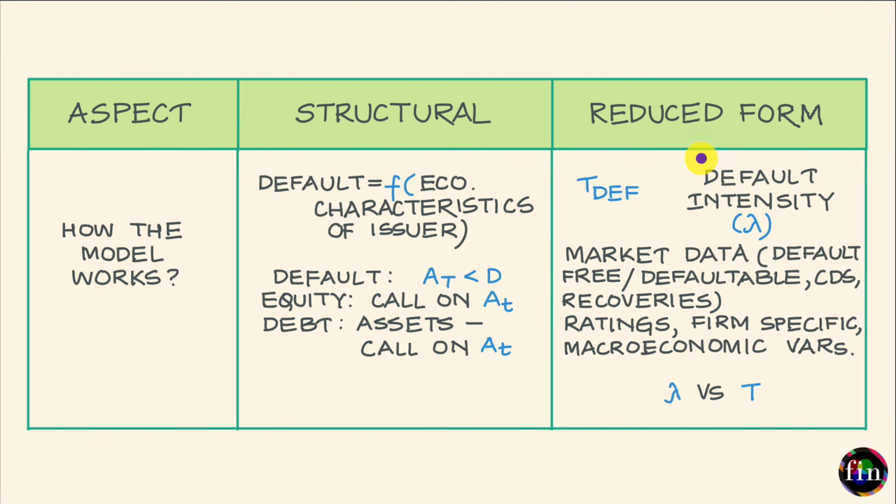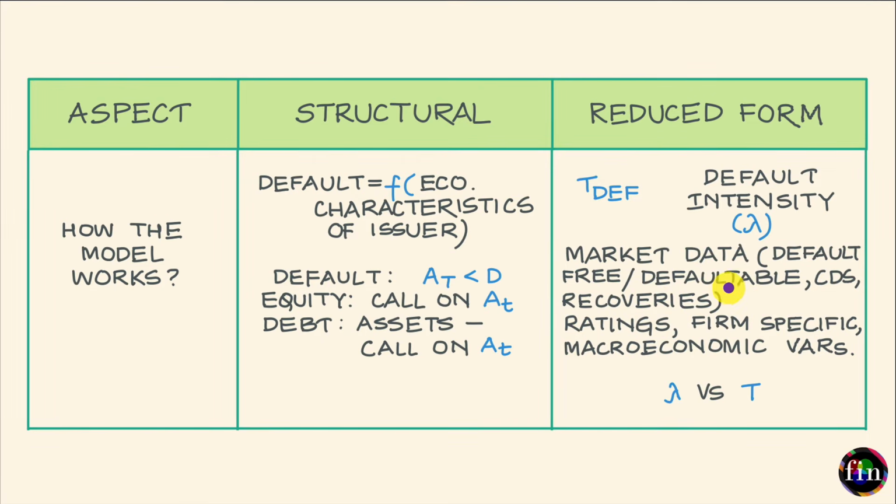A reduced form model tries to arrive at this lambda by, in some sense, digesting all sorts of public data, public information that is available. Okay, this data can be, for example, market data, which includes data pertaining to default-free bonds, data pertaining to defaultable bonds which have been issued by this same issuer whose credit risk we are trying to model, data pertaining to credit default swaps with this issuer as the reference entity, data pertaining to recoveries.